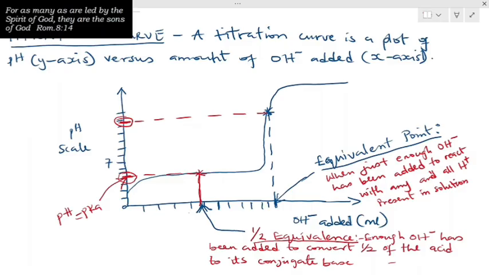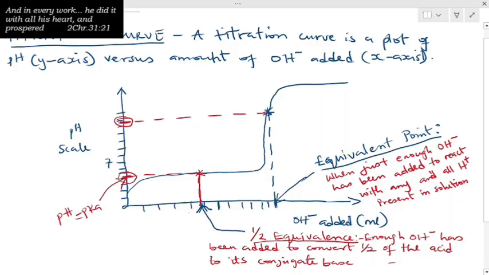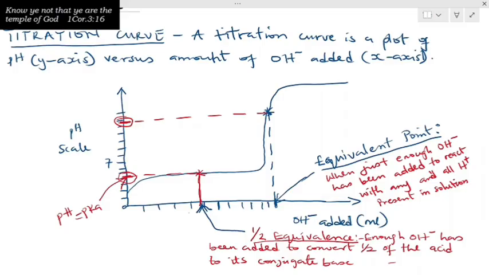At half equivalence, you have your pH equal to pKa, and that point is exactly when enough OH minus has been added to convert half of the acid solution to its conjugate base.